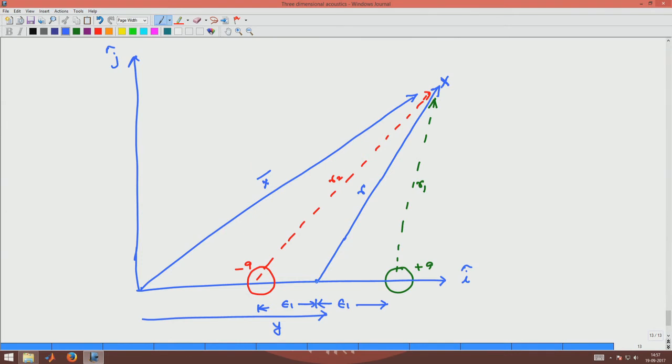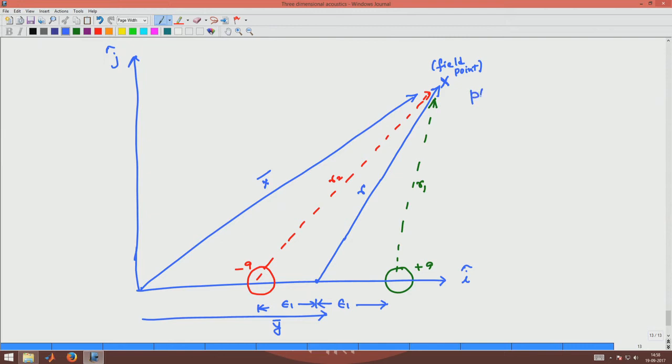The center of these two monopoles is denoted by the position vector y, and epsilon 1 units on either side of this vector, we have the positive and the negative monopoles as has been drawn. And this is our field point x, where we wish to evaluate the acoustic pressure.